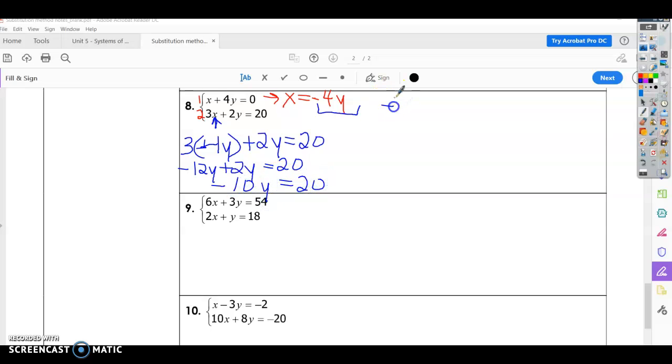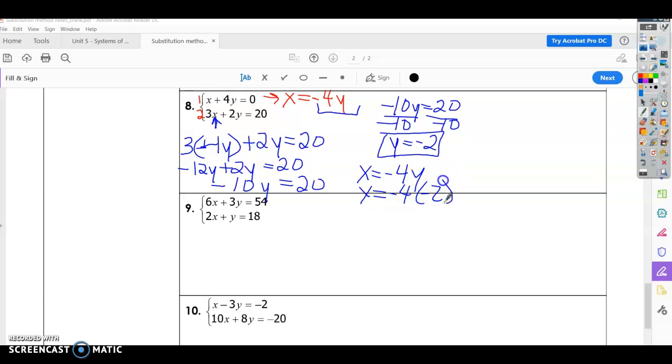And then if I have negative 10y equals 20, divide both sides by negative 10, y equals negative 2. I found my y, now I need to find my x. So x equals negative 4y, or x equals negative 4 times negative 2, or negative 8.